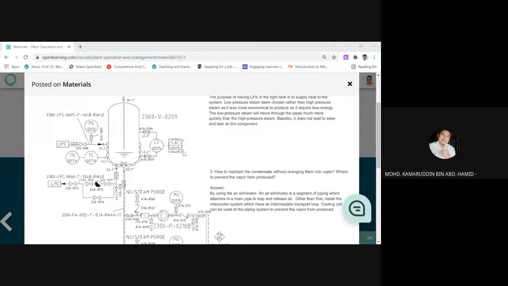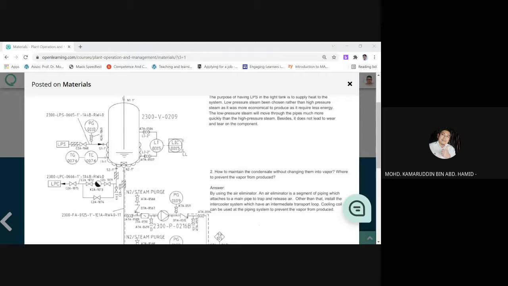So what happens if there is more pressure? More vapor inside that valve. So you need to release, little by little. That's why you call it self-regulated, self-operating release valve.